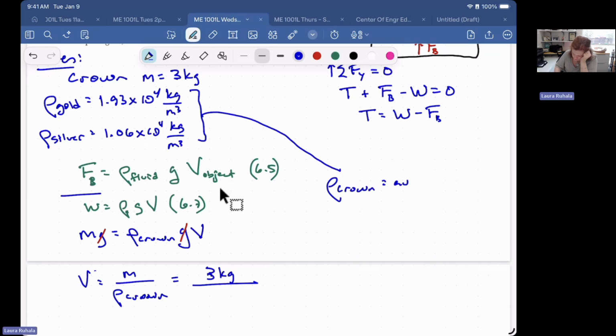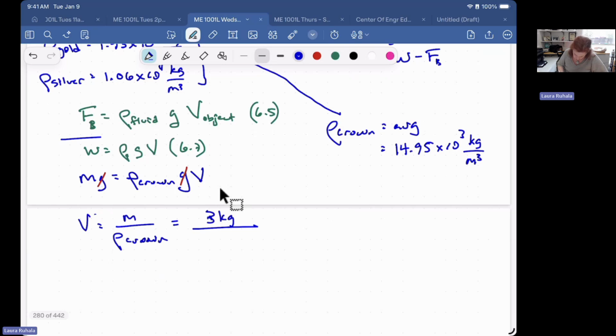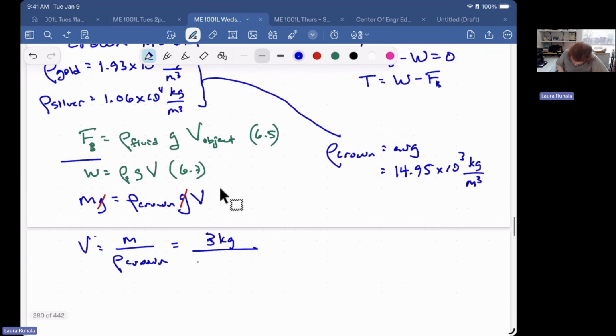Is equal to the average. So the average of those two is equal to 14.95 times 10 to the 3 kilogram per cubic meter. I just decided to work in times 10 to the 3 instead of times 10 to the 4.